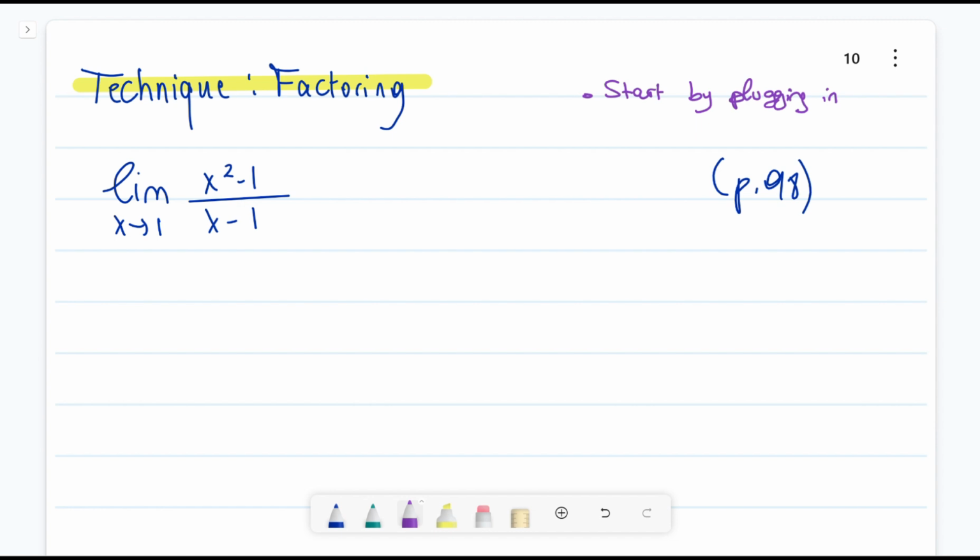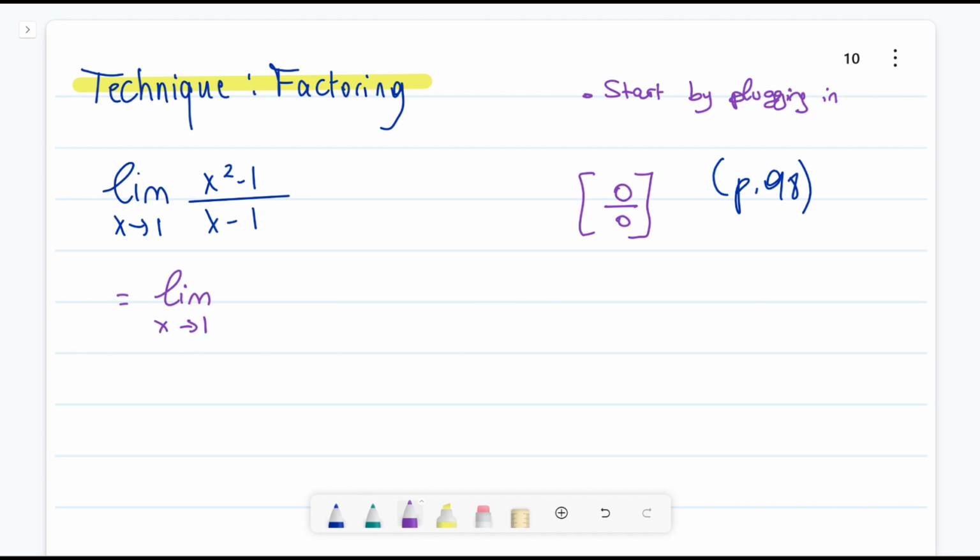Do it really quickly and write your answer on the side. In this case, if we plug in, we would get 1 squared minus 1 over 1 minus 1, which is 0 over 0. So just write it in little brackets on the side, write 0 over 0. And this 0 over 0 would be a sign to you that you should use another technique other than plugging in. So today, in this example, we will learn about factoring.